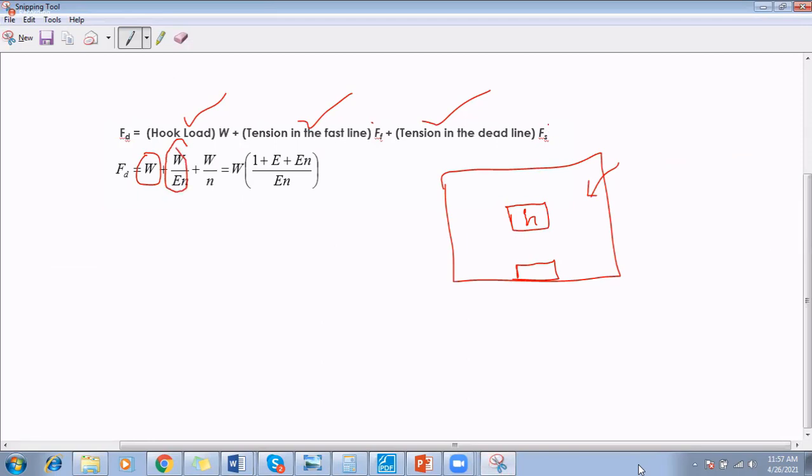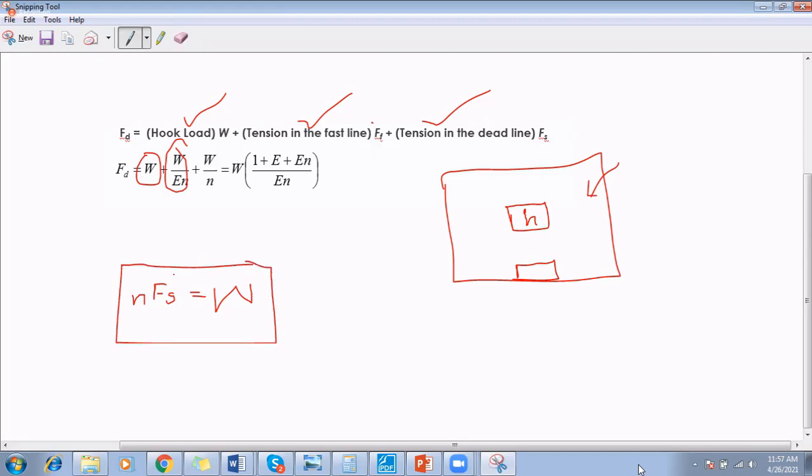and we have discussed this in the initial slides that Fs into n, oh, sorry, n Fs is equal to actually the total load on the dead line.